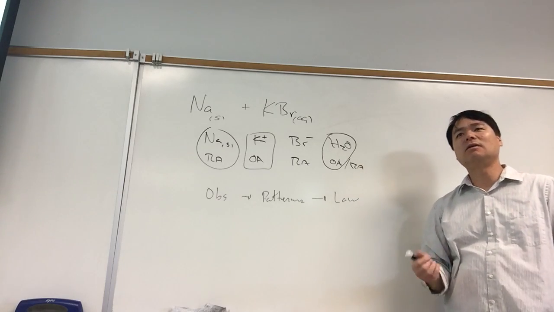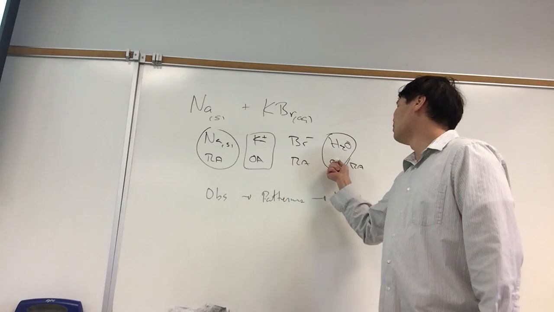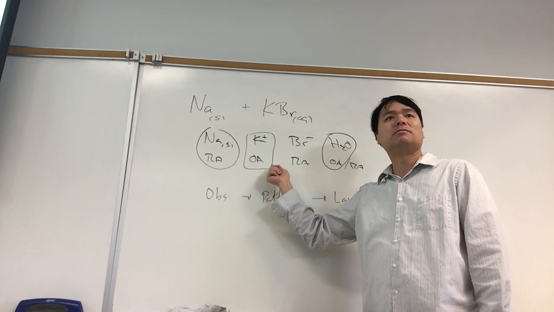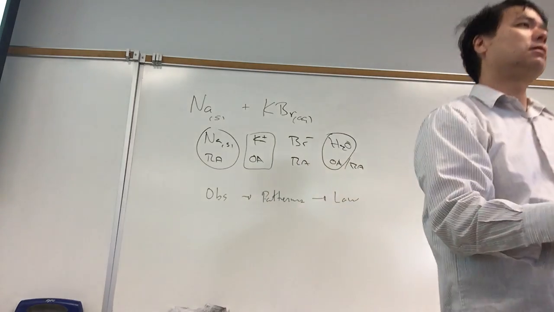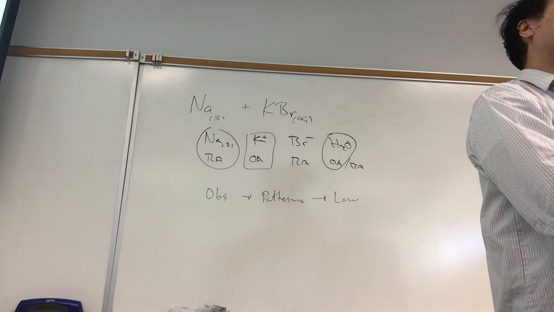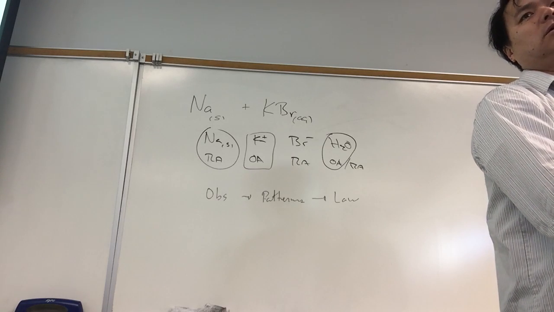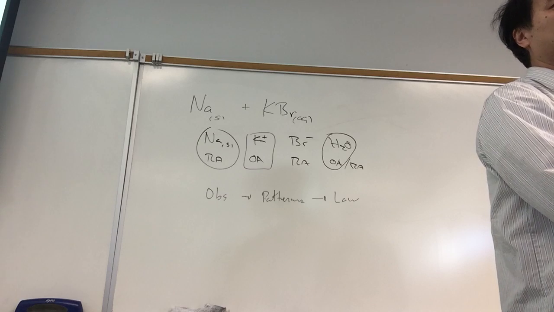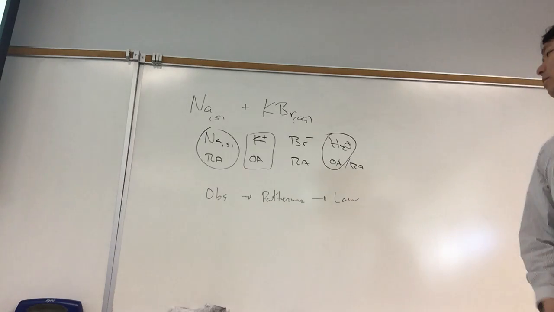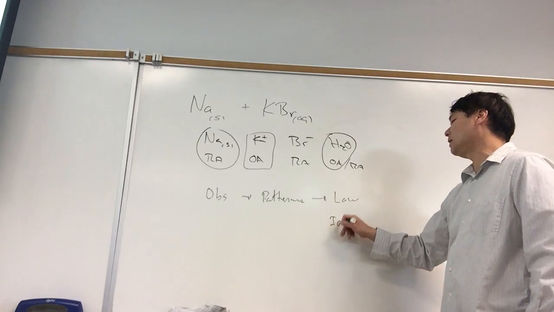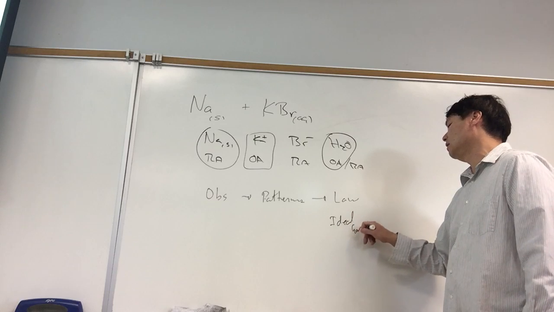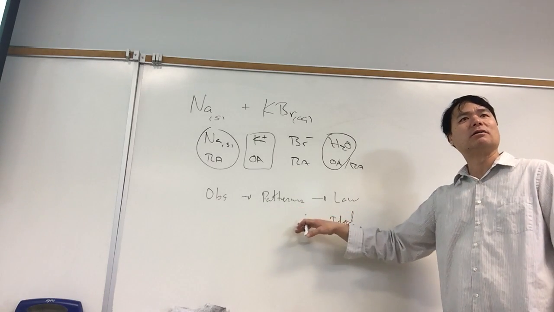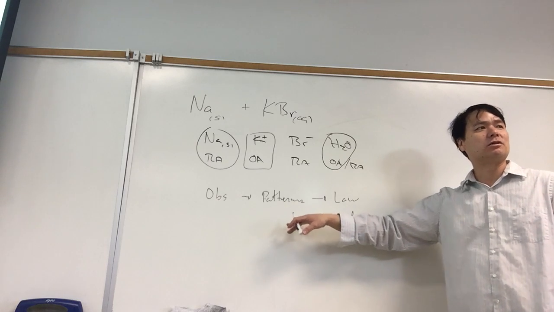Then you start thinking, well, why is water a better oxidizer than potassium ions? Well, it has to do with structure and composition. And so then we start looking deeper into it. If you were to stop at the ideal gas law, then all you know is just some pattern based on observations.